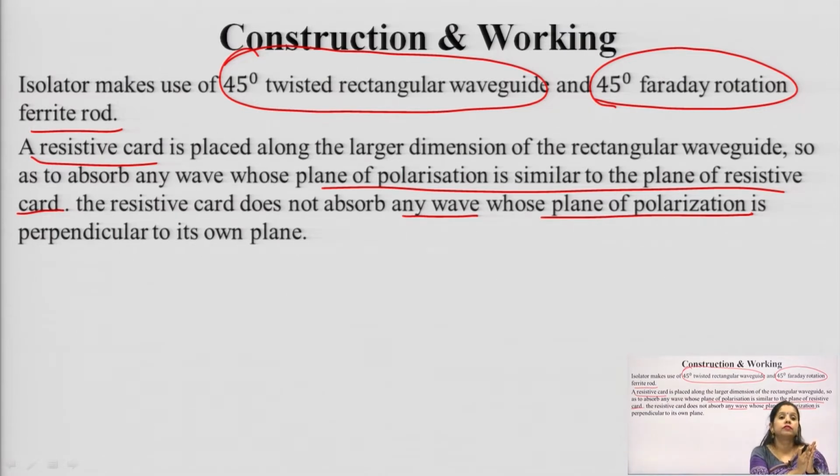But think about the reverse case. Our resistive card is horizontally polarized, and the wave which is coming is vertically polarized. That means this wave is perpendicular to our resistive card. In that case, the absorption of the microwave signal does not occur.